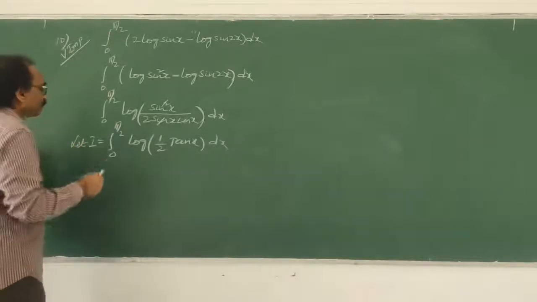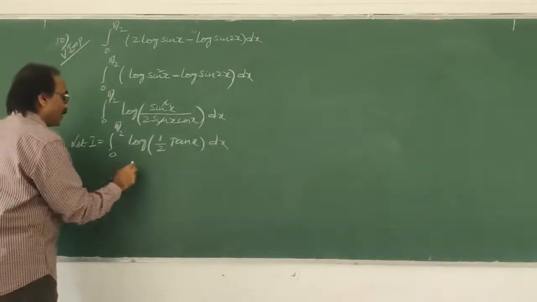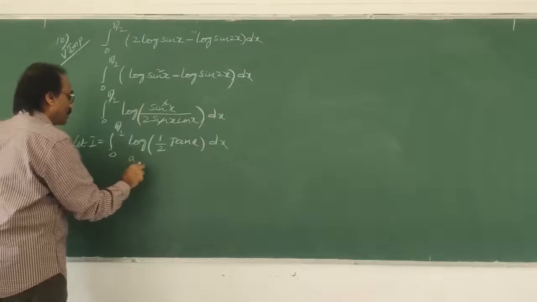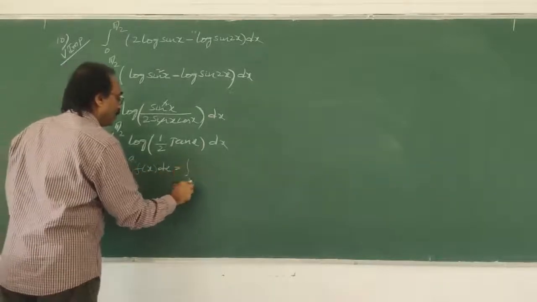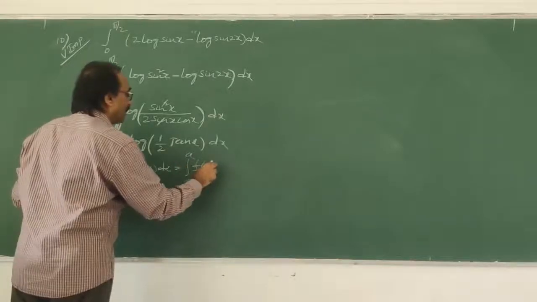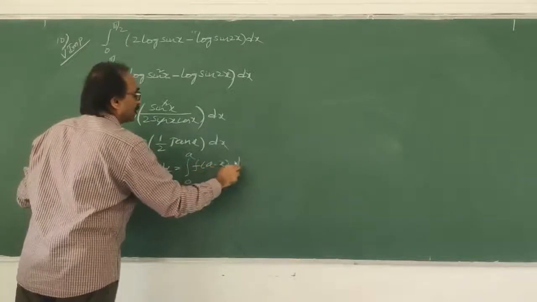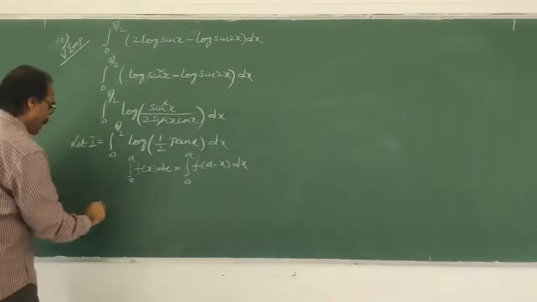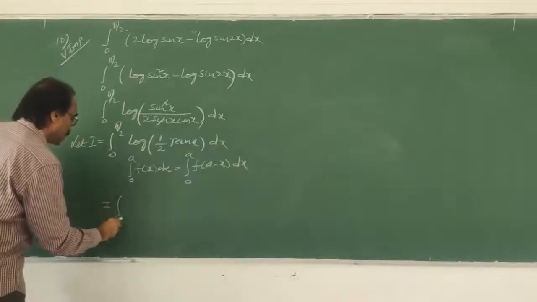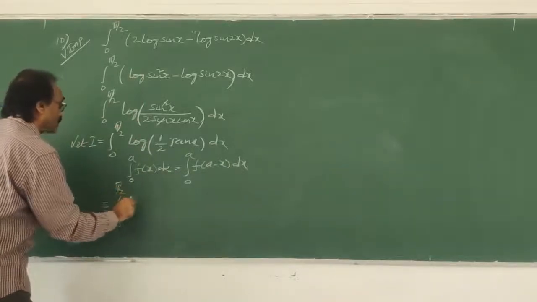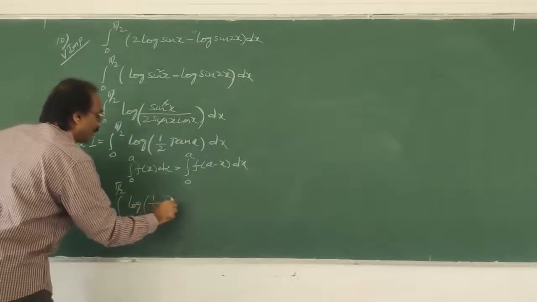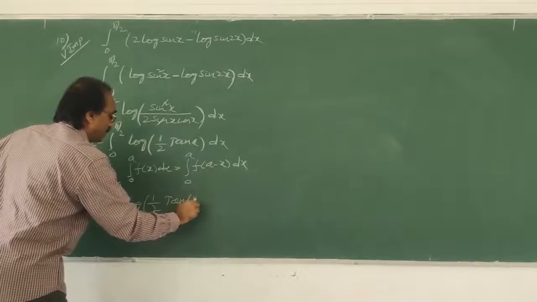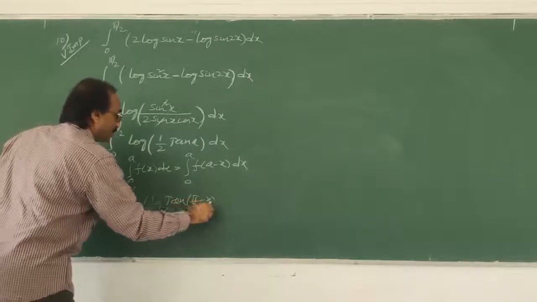Which formula? Integral property: integral 0 to a f of x dx is equal to integral 0 to a f of a minus x dx. Apply the same: it is equal to integral 0 to pi by 2 of log of 1 by 2 tan (pi by 2 minus x), because what is a here, you see?